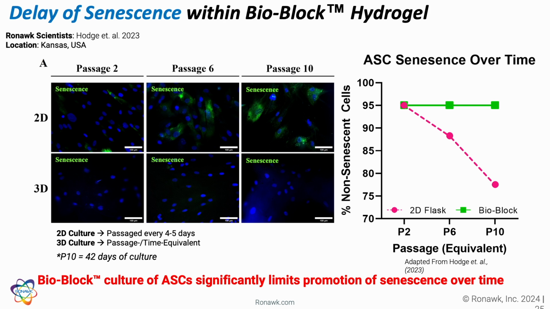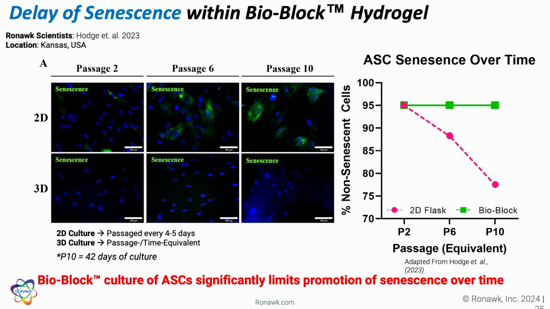And what we saw is that as time goes by, especially for the 2D, we start seeing an increase in the senescent cells that are labeled here in green. By passage 10, or 42 consecutive days being cultured in the bioblock, we can see that the senescence population in the 2D is really high, while if you see the 3D here, there are minimum to no senescent cells.